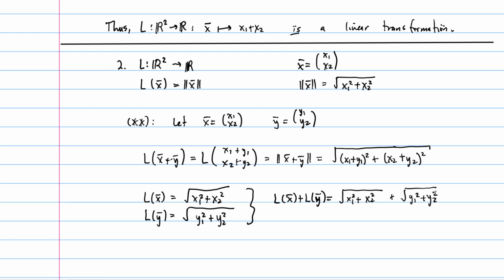And this has to be true in general for every pair of vectors x and y. And of course, just from basic algebra, these two are not equal to each other. The sum of the square roots is not equal to the square root of the sum.